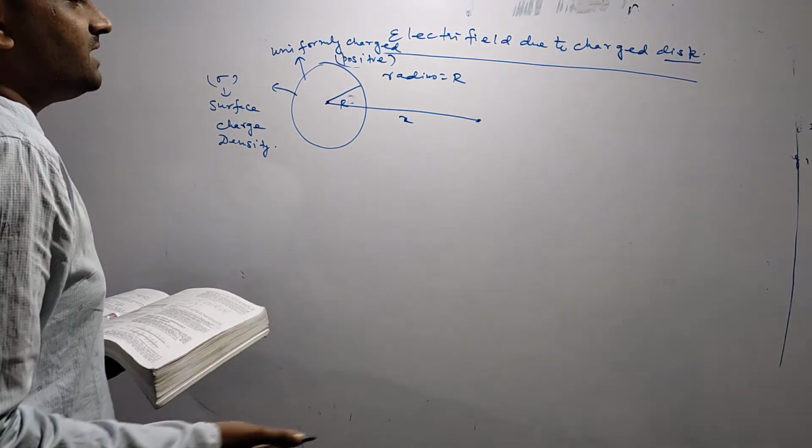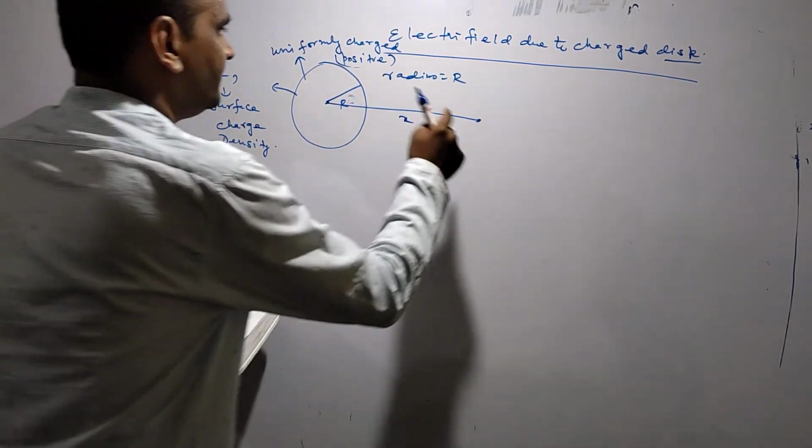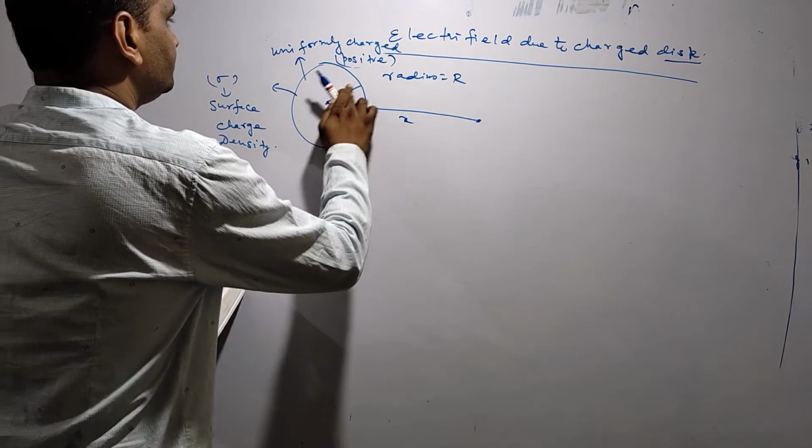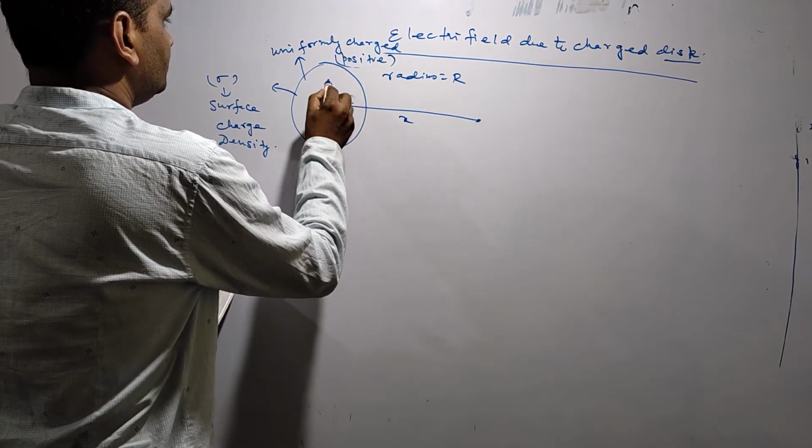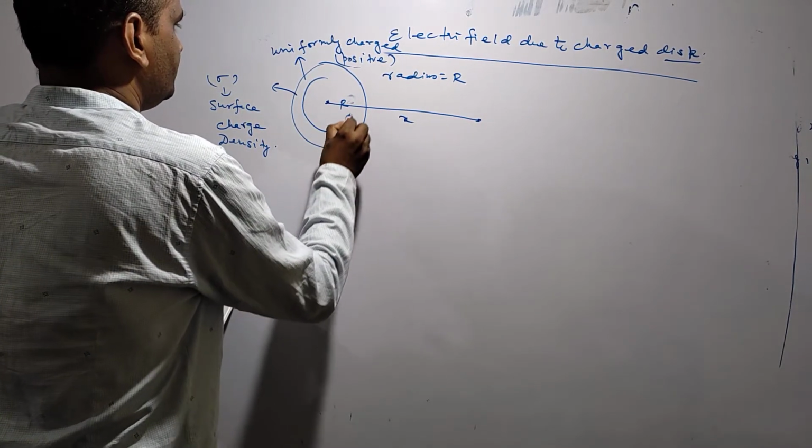Now the question arises, how will you compute the electric field at this point? Take a ring.